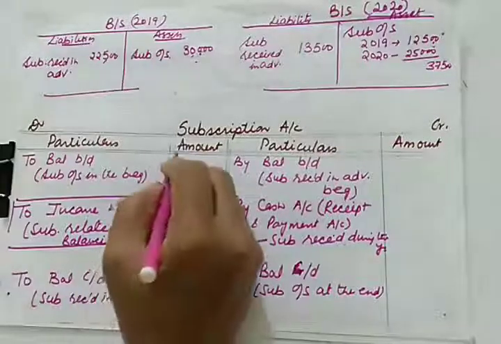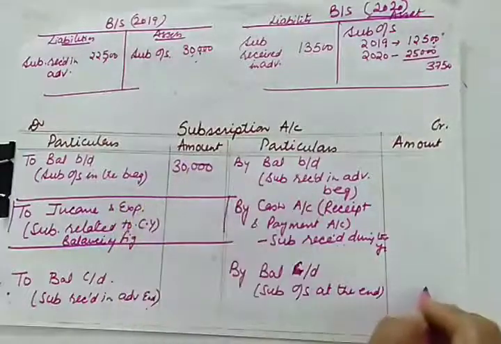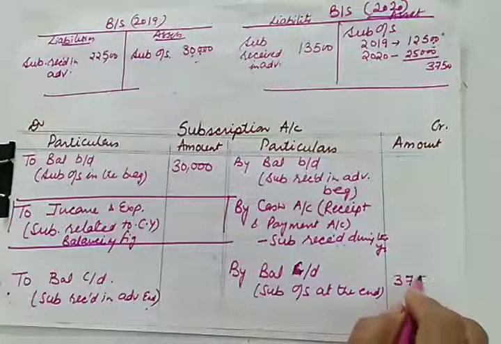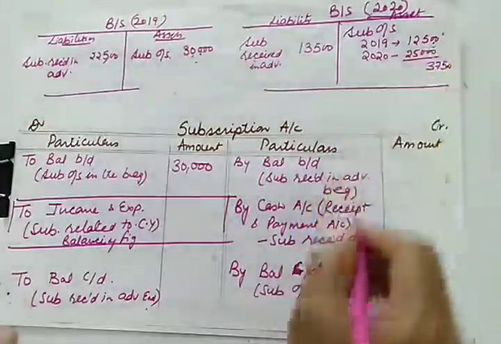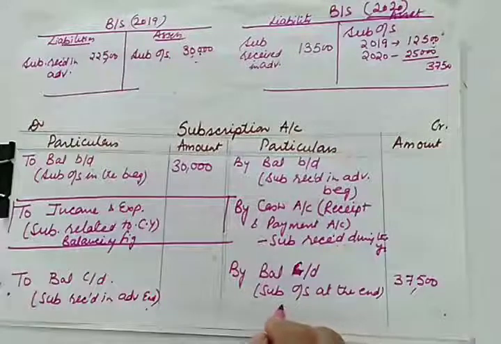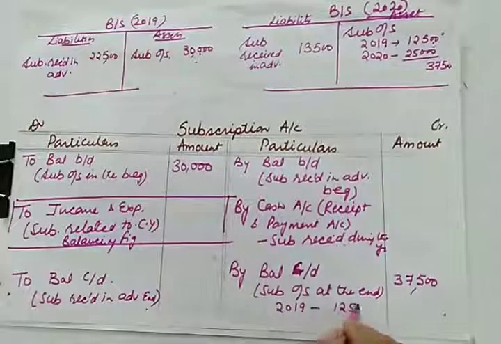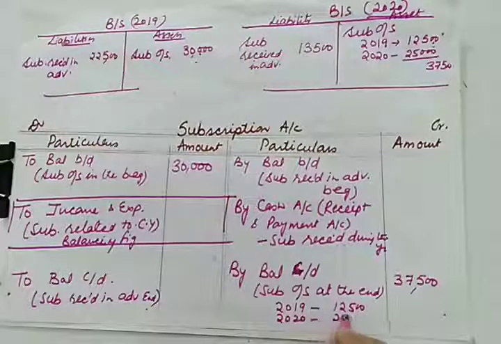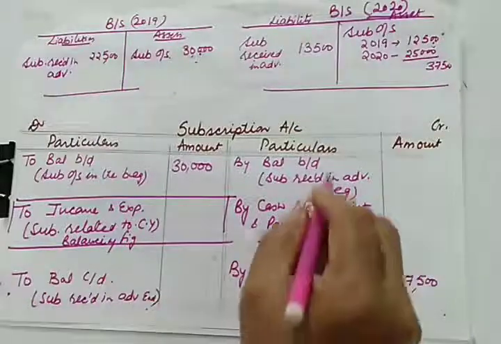So in the beginning it is mentioned 30,000 and at the end it is 37,500. How is this 37,500? Because it is written here that 2019, you can mention it here in the inner column. For 2019 it is 12,500 and for 2020 it is 25,000. So the total is this 37,500.